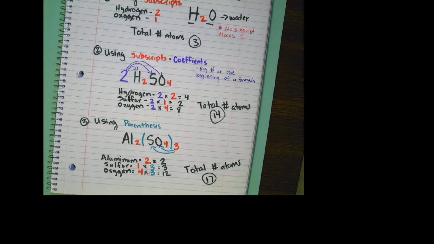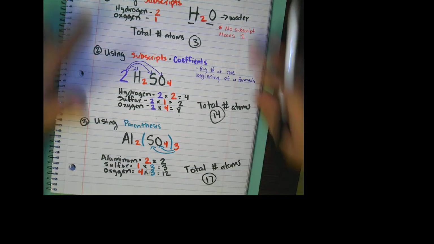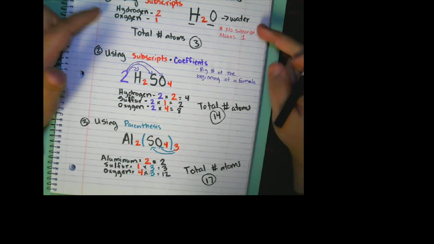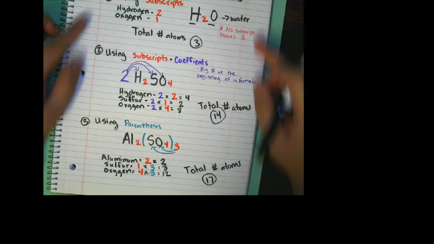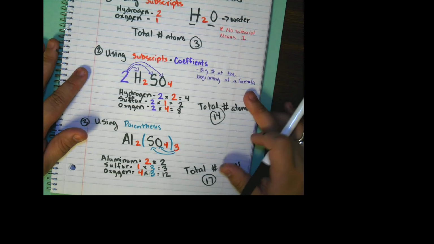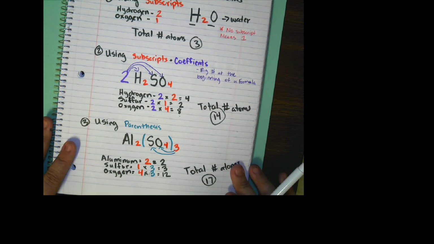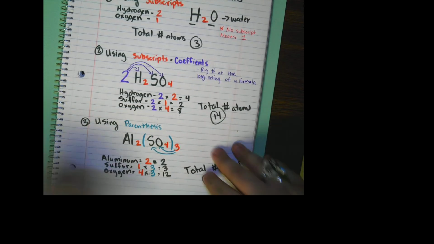All right, so the very last thing we're going to go over is using all of these in one chemical formula. But once again, I'm going to color code them. My subscripts are going to be red, my coefficients are going to be purple, and my parentheses are going to be blue. So this is going to break it down. Let me do it right here so we can't see the stuff behind it.